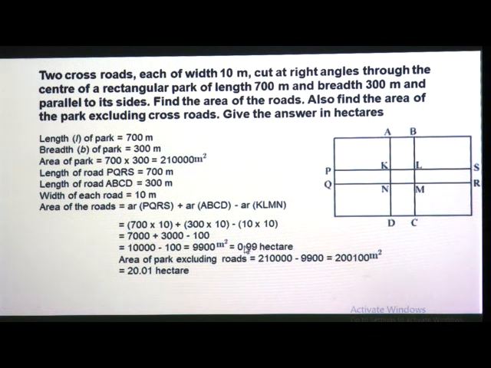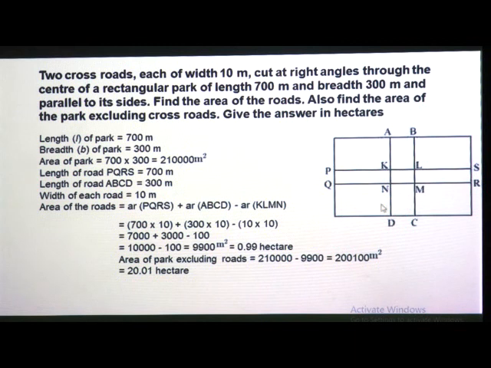This is not sufficient. They had asked us to find the area of the park excluding the roads. We found the area of the park including the roads; now we have to find it excluding the road.